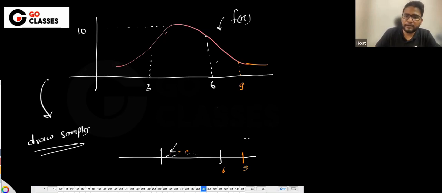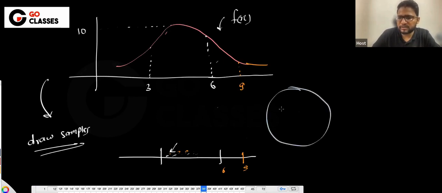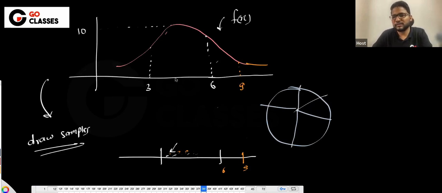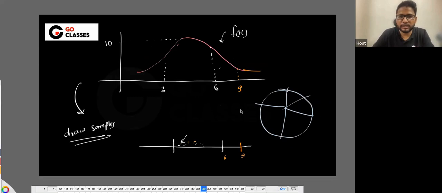For example, I don't know whether this will be a good example, but let's suppose there is a dart board that has some areas, maybe 100, 200 like this.